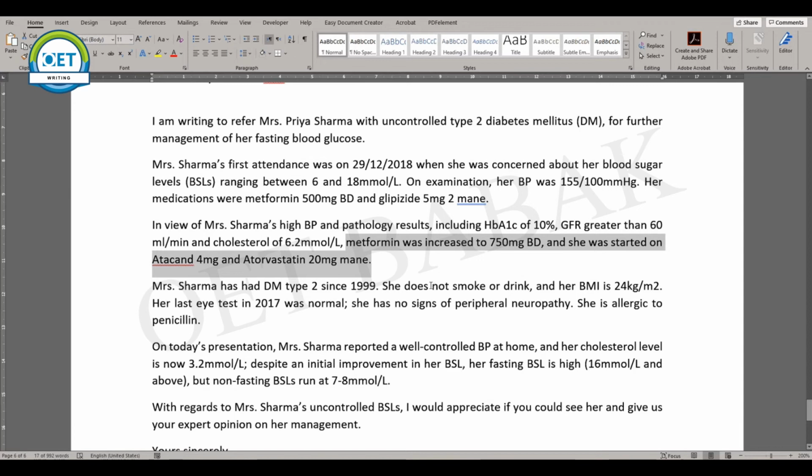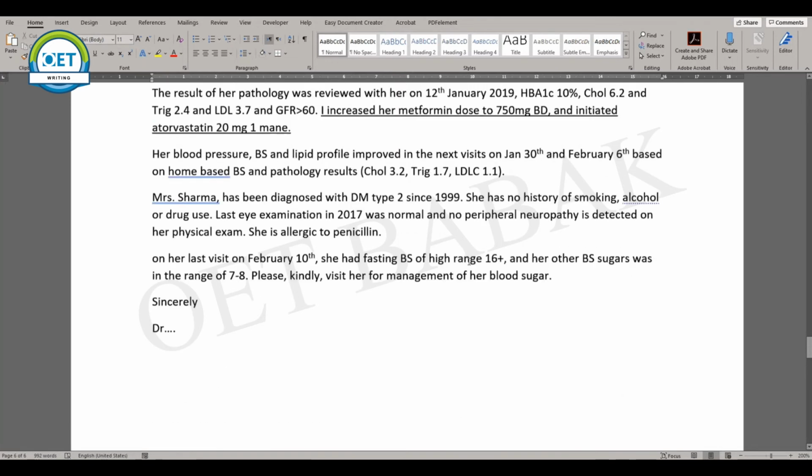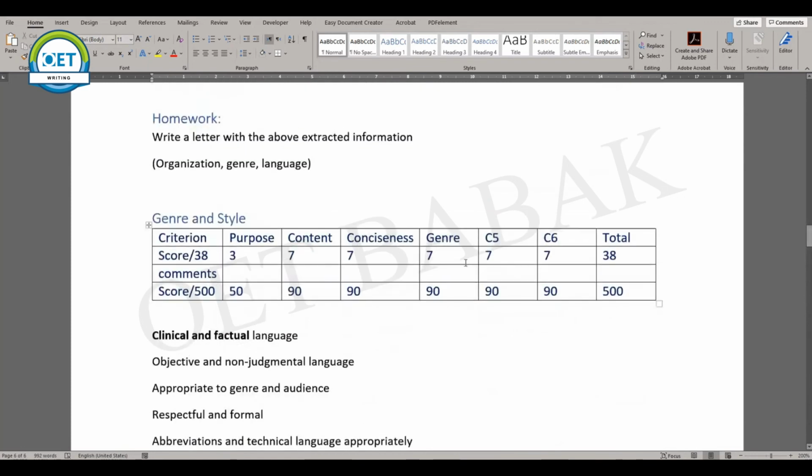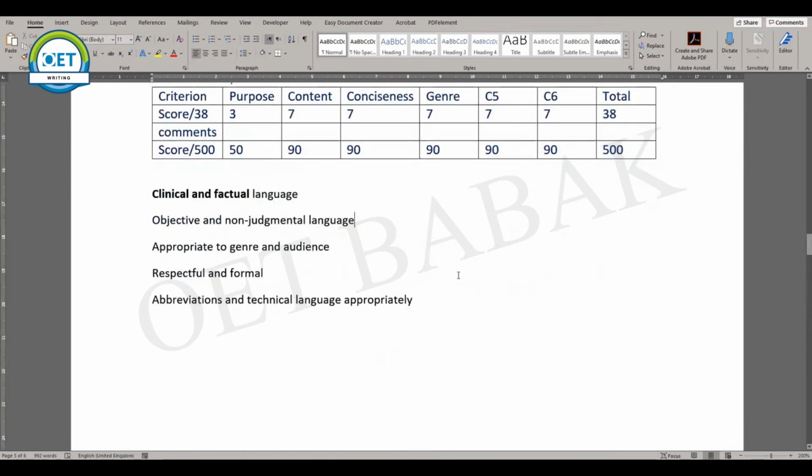It was passive voice, and passive voice is more academic than the active voice. Yes, so one of the features of objective, non-judgmental language is passive voice. What else?